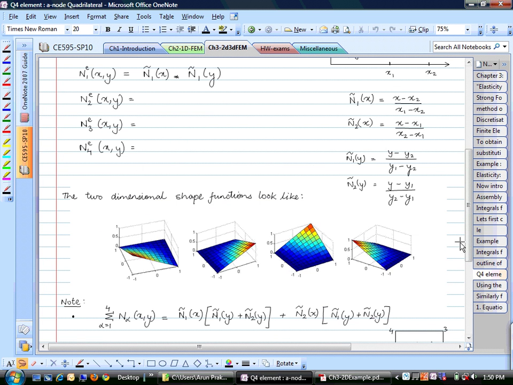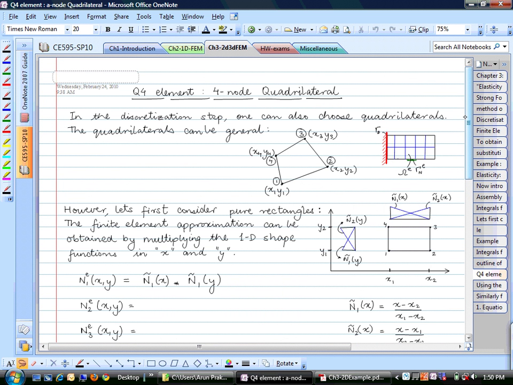So let's take a look at another type of element that we have in 2 dimensions. We have what is called a 4-noded quadrilateral. This is denoted with Q4. So in general, we can also have quadrilaterals which are arbitrarily shaped. They need not be nice rectangles.